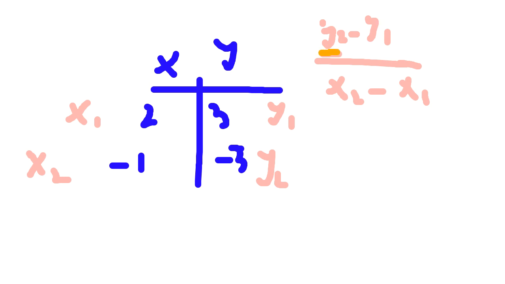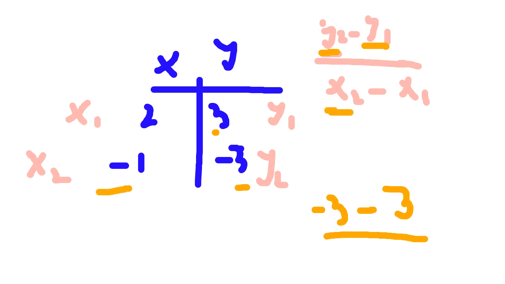So y2 is -3, minus y1, which is 3, so -3 minus 3, all divided by x2, which is -1, minus x1, which is 2.